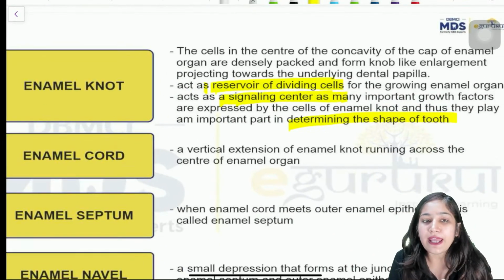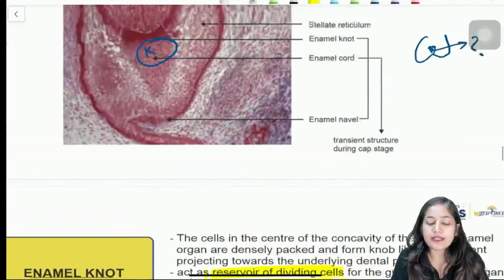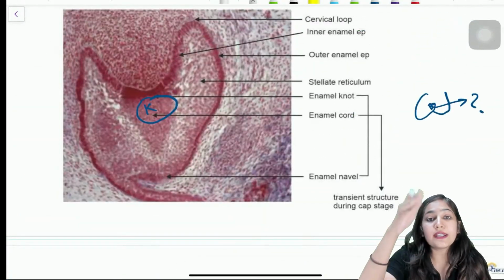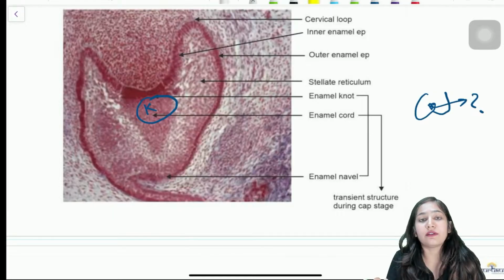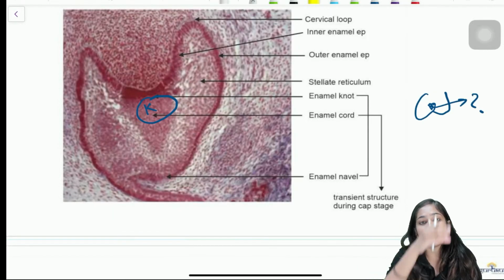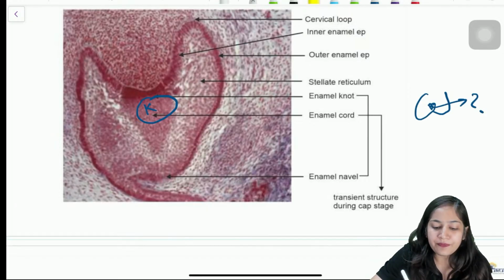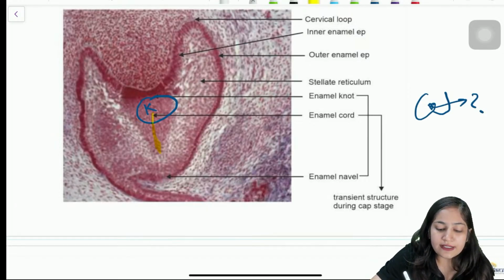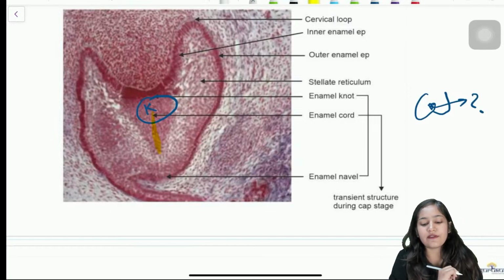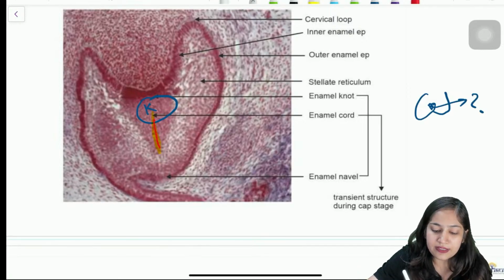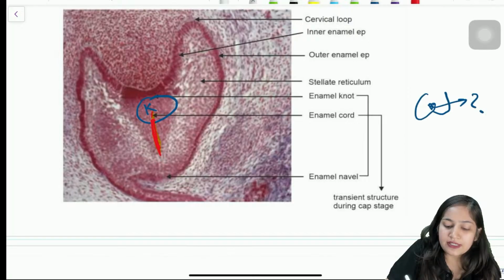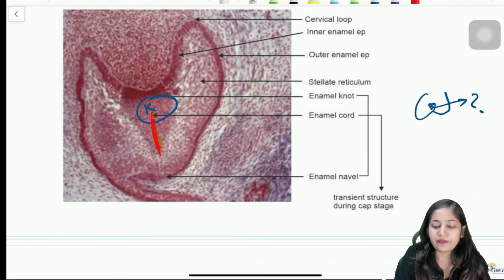Then coming to enamel cord. What is enamel cord? Vertical extension of enamel knot. You have chargers, right? So we have cord of charger. What is cord? It is an extension. Same way, vertical extension of enamel knot is our enamel cord.